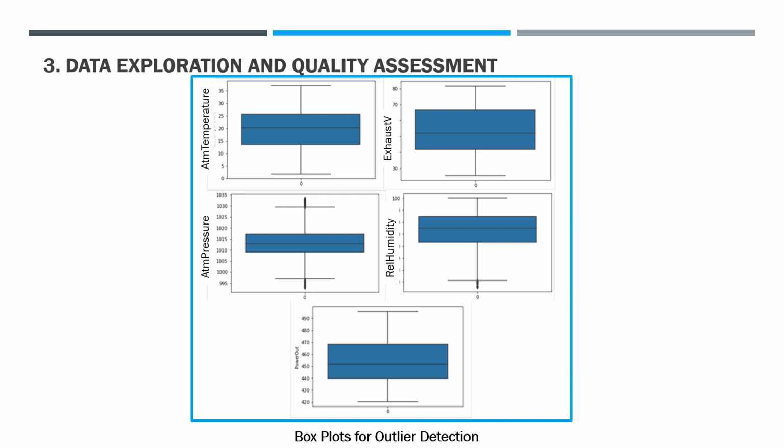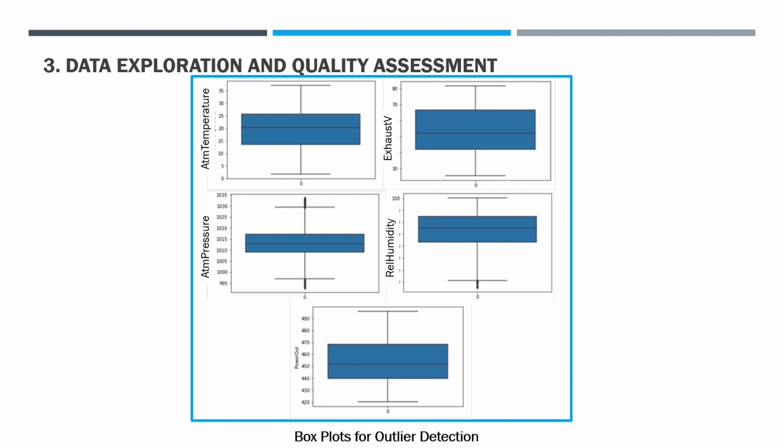For further data quality assessment, box plots were plotted, and you can see that atmospheric pressure had almost normal distribution around the median value, and it had almost zero skewness, while all other parameters had some kind of skewness attached to their data.